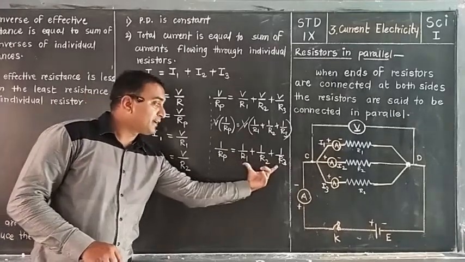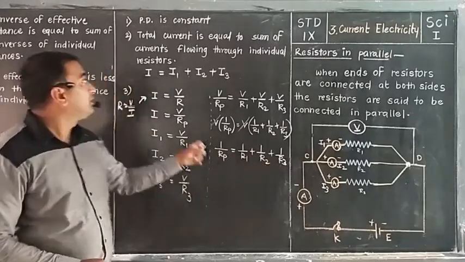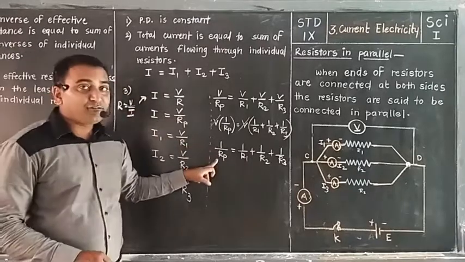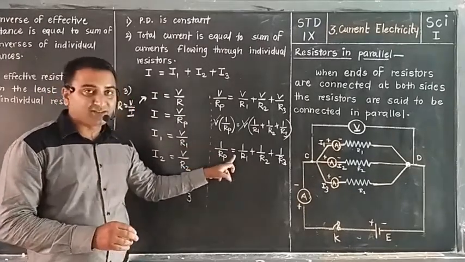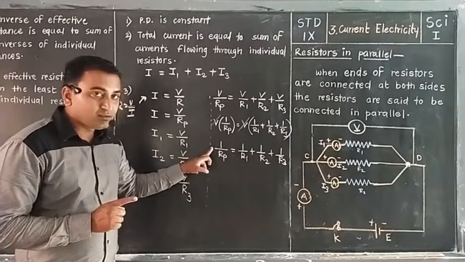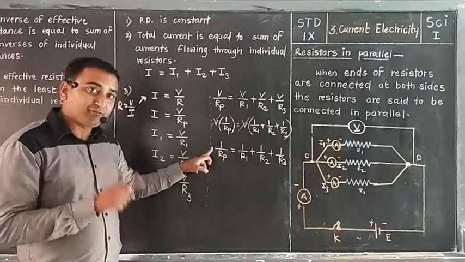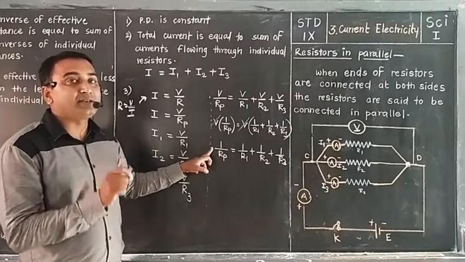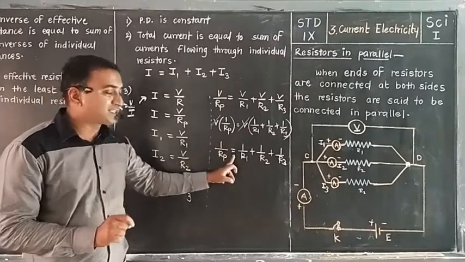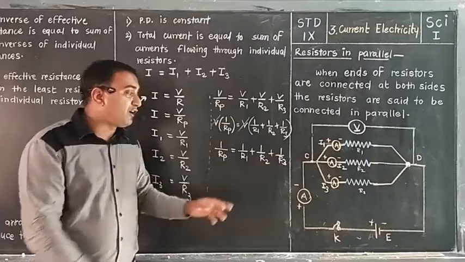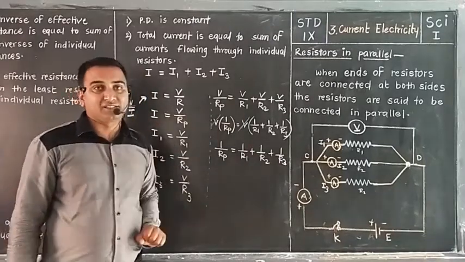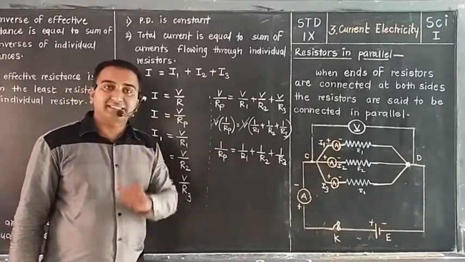So how should it be read? See here, 1 upon Rp: the inverse of effective resistance in parallel combination is equal to the sum of inverses of the individual resistances of the resistors.